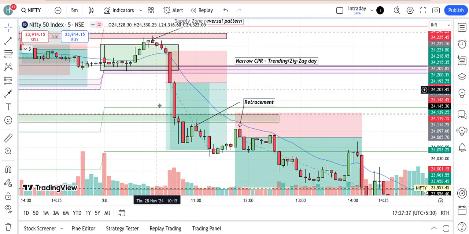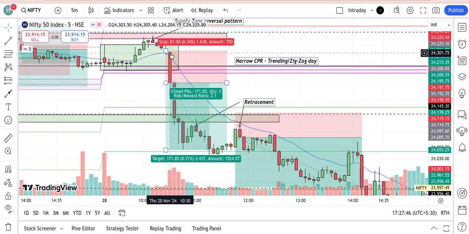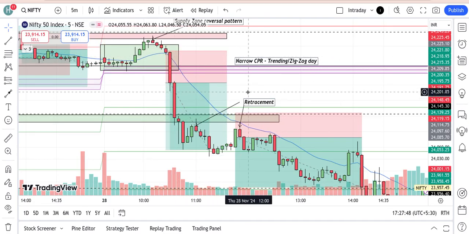So today's market, the center of attraction or the heart of today's trading, was the second trade. Every day there will be one trade on which the market behaves. That is the foundation of that day's chart, pattern or strategy.